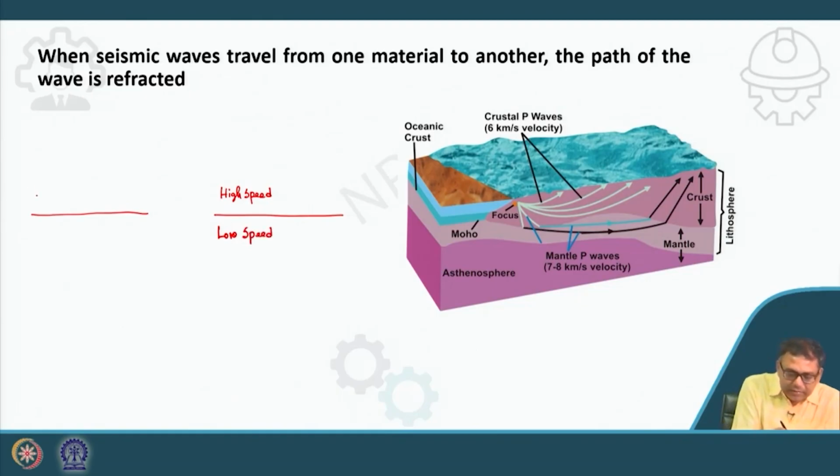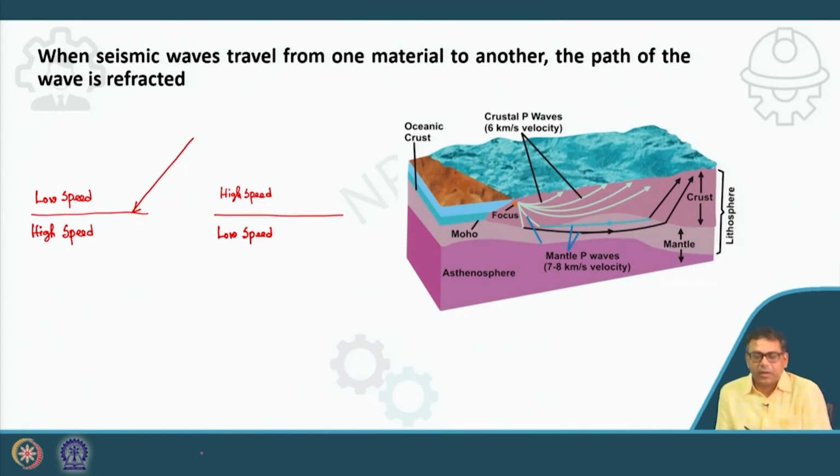And in this case, this is low speed, and this is high speed. Now, this is the direction of the wave for both the cases, and this is the vertical line or normal.